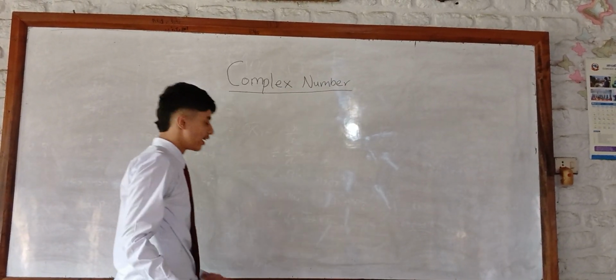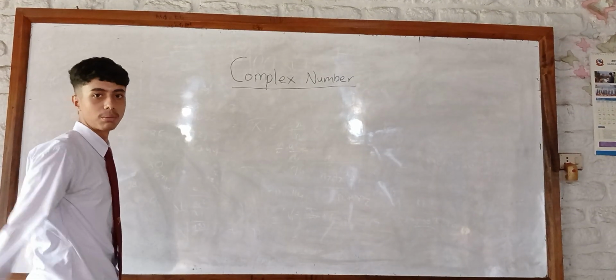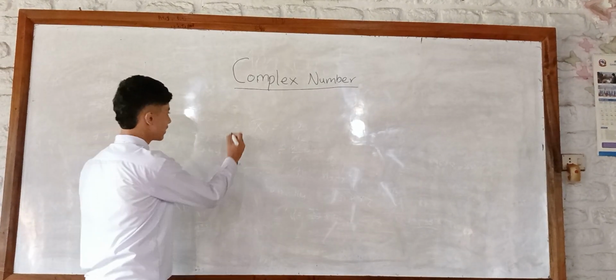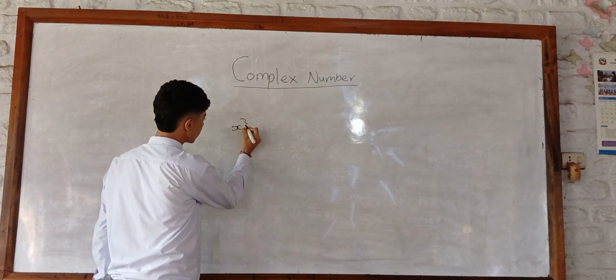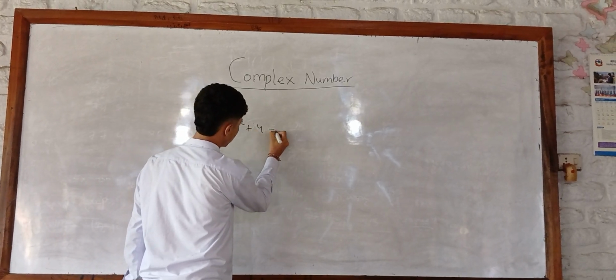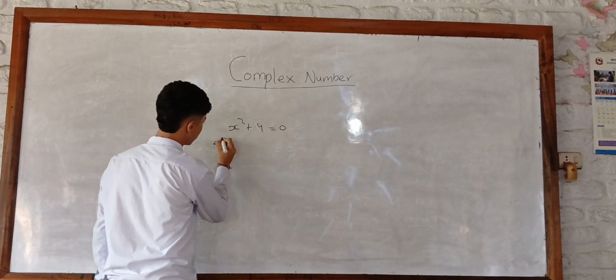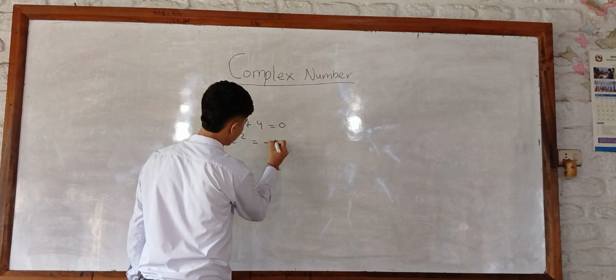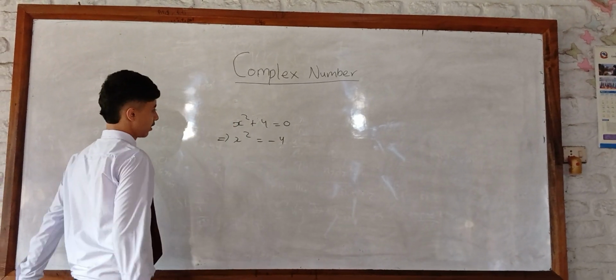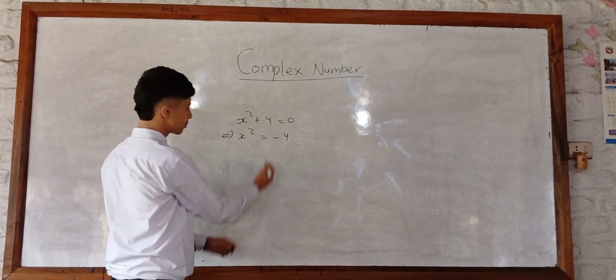So basically, how did the concept of complex numbers come about? Let us take the example of a quadratic equation. As we can see, we get x square equals minus 4.